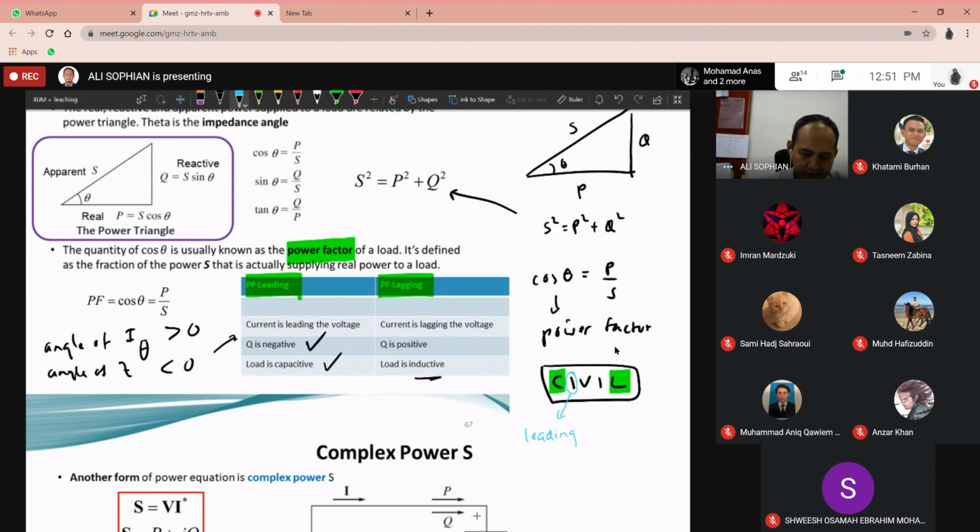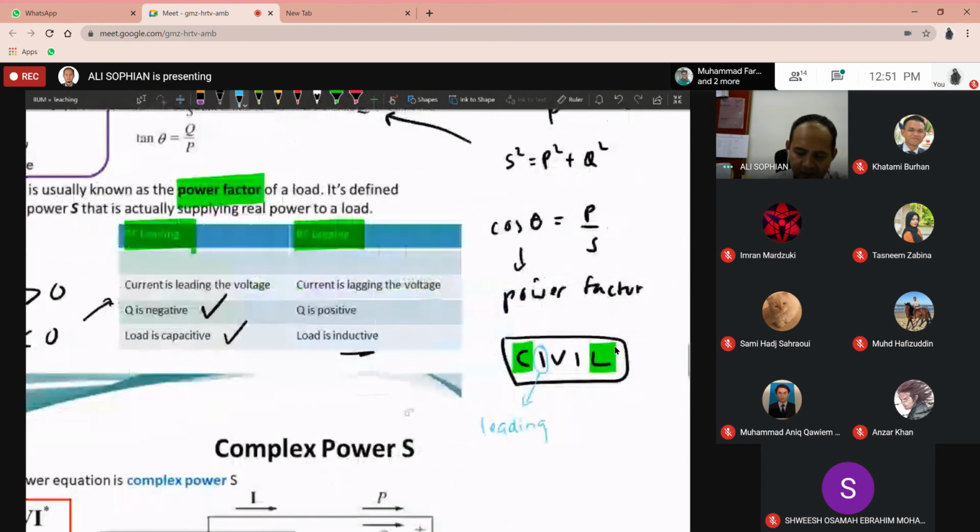So when we have a capacitive load, the I is leading, it comes first before V. But for the L, the I comes after V, which means that the I is lagging.